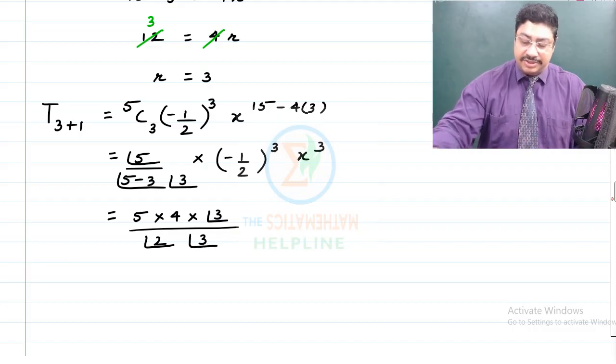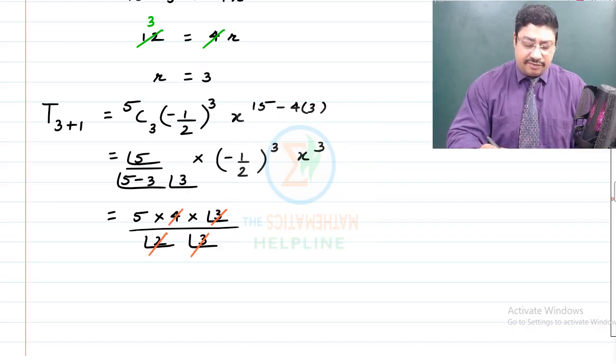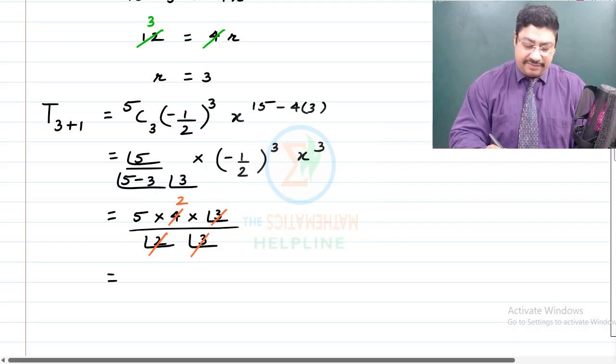I'm sure you're able to see happily that factorial 3 will get cancelled, and factorial 2 is actually 2. So 2 gets cancelled with 4 two times. So 5 into 2 becomes equal to 10. So as such here, we will have 10 for the binomial coefficient.